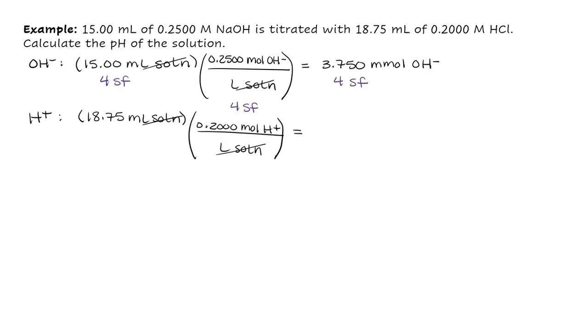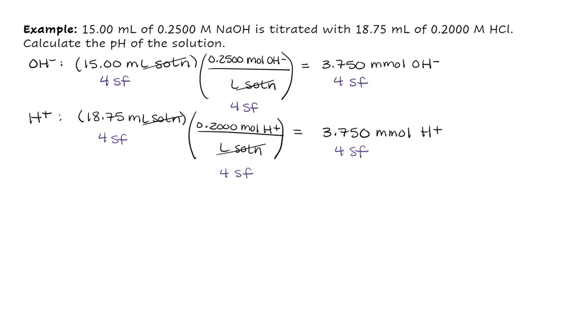And checking our sig figs, we have 4 sig figs in our volume, 4 in our molarity, and so we will have 4 sig figs in these millimoles as well. Doing the math, we have 18.75 times 0.2000 rounded to 4 sig figs gives us 3.750 millimoles of H+.